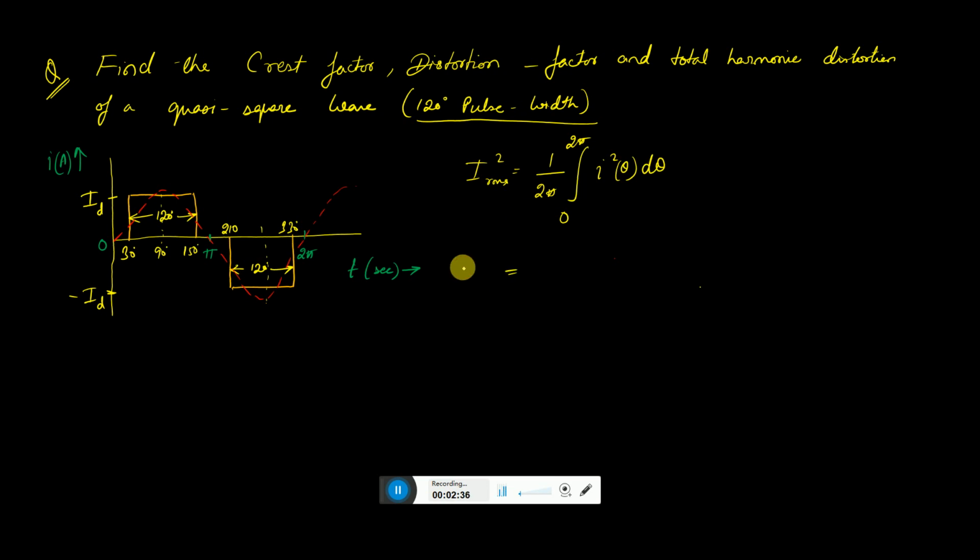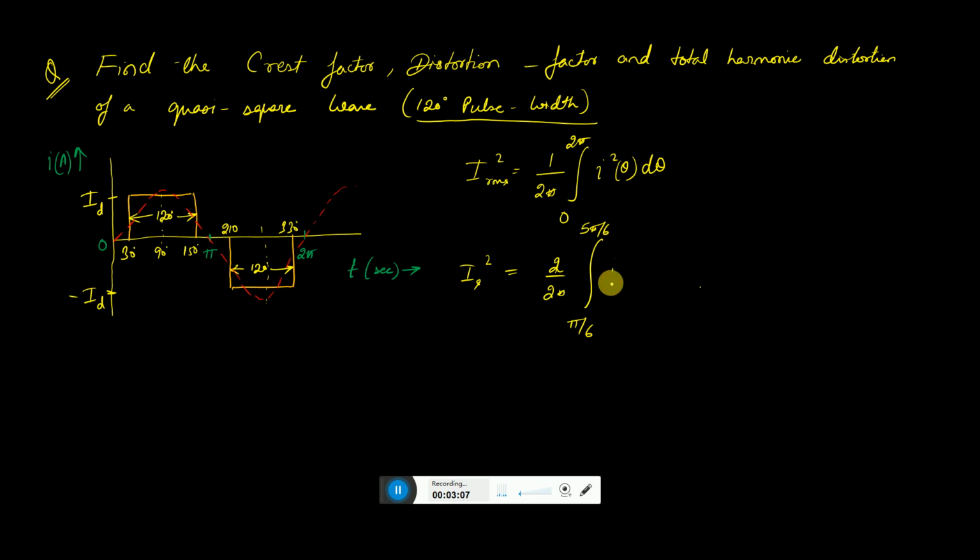So here we can write this as IS square equals 1 by 2 pi. Instead of that we can write 2 by 2 pi, so 2 times because of symmetry, and we can take it from 0 to pi. Rather than 0 to pi, it is from 30 degrees to 150 degrees. 30 degrees is pi by 6, and 150 degrees is 5 pi by 6.